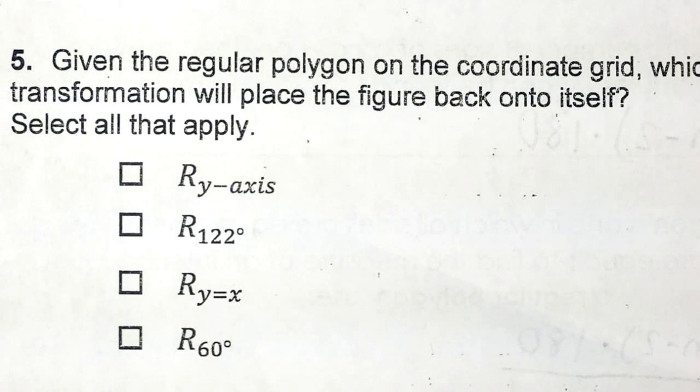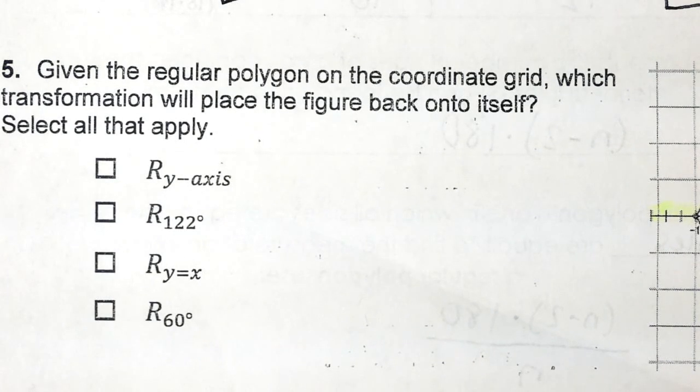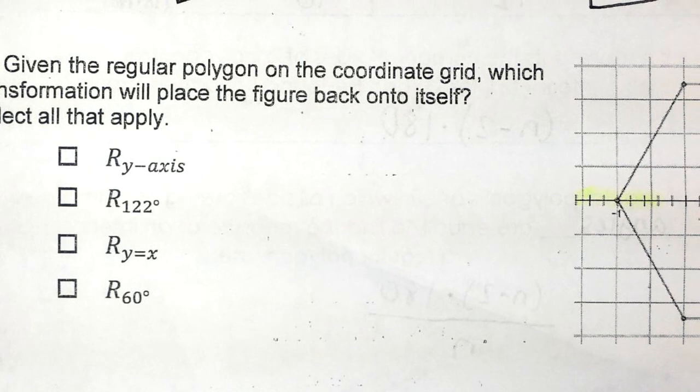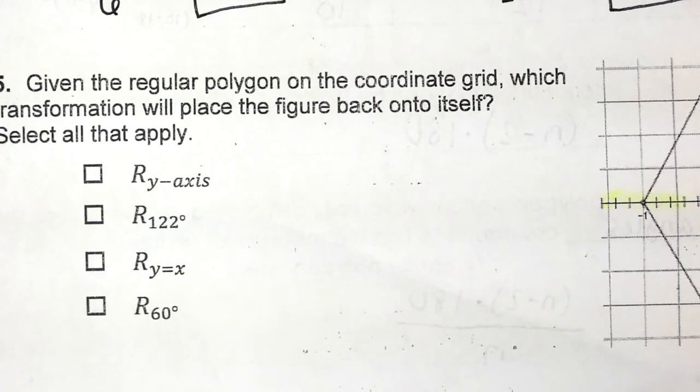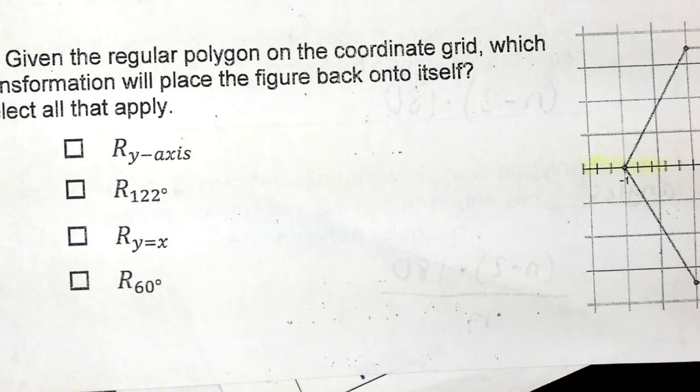So, mixing in a little transformations with what you already know. The question is, which of these transformations would put this figure back onto itself? You see options over here, you got reflections and you got some rotations.